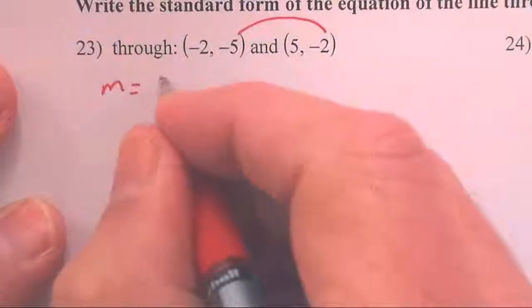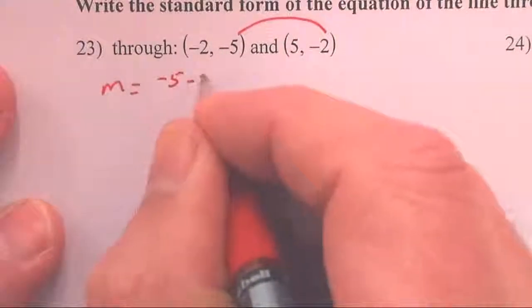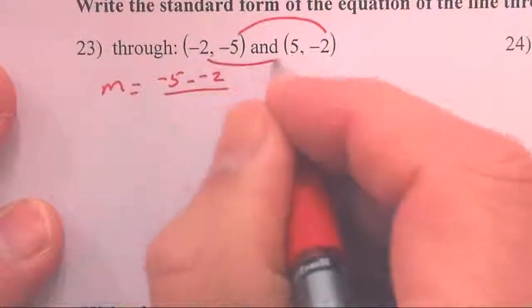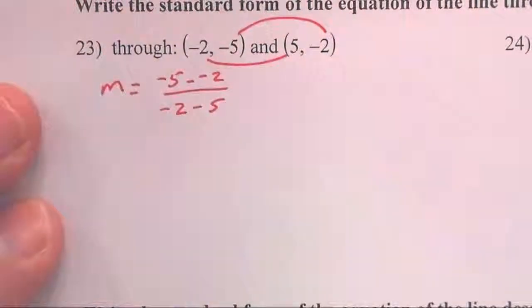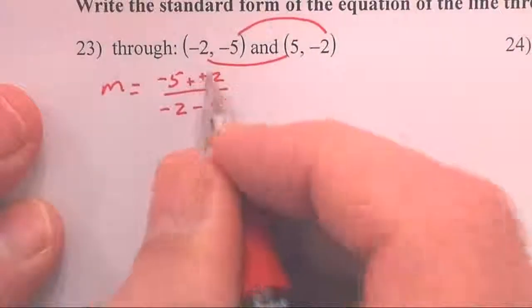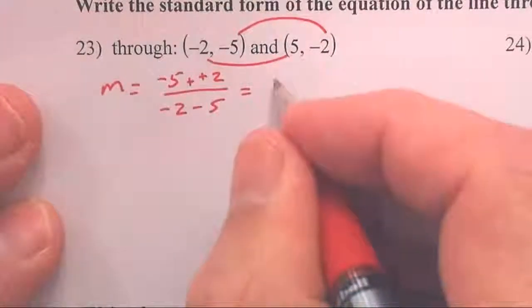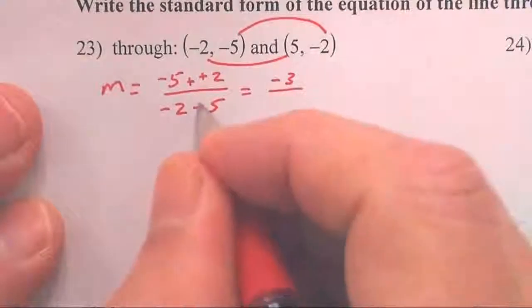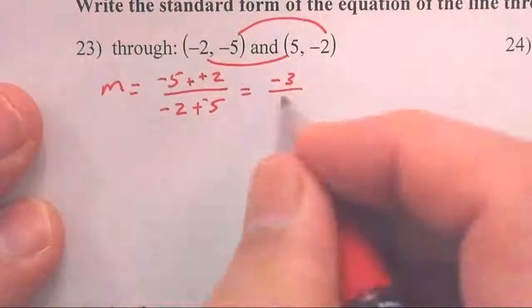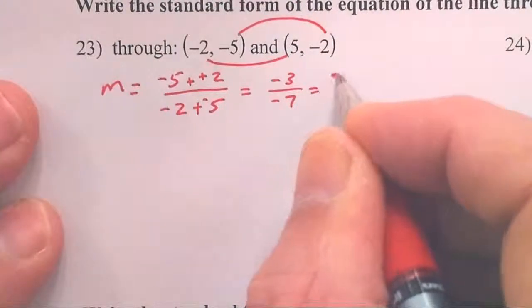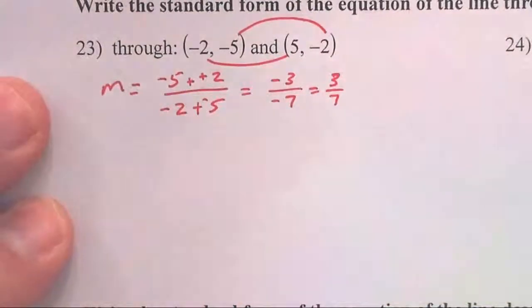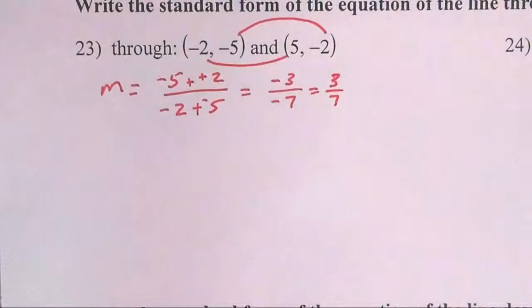The y's change from -5 to -2 as the x's change from -2 to 5. So that's plus positive, negatives, positives fight, negatives win by 3, plus negative, negatives get along, -7, or negative divided by negative positive 3/7. And now I have more information than I need.